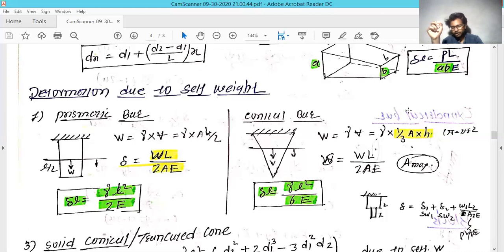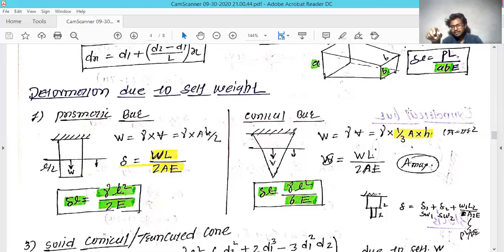Now we are calculating this deformation for the conical section. The top section of that cone is attached at the ceiling, and the bottom section hangs in the atmosphere. It also has some weight added to it, and the same formula applies, because weight is the only thing pulling that object.